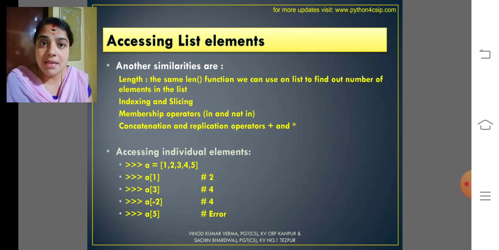So in a similar way we can use all these things with lists along with concatenation and replication. My dear children, please recollect the points which we discussed in the string chapter. For that you need to study the string chapter in a better manner.